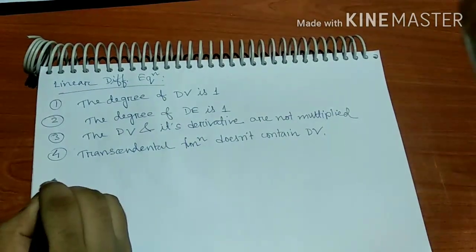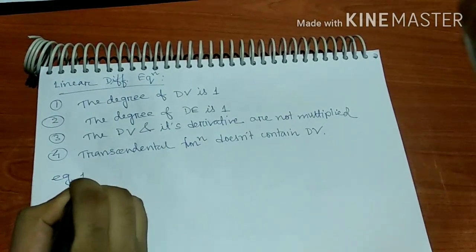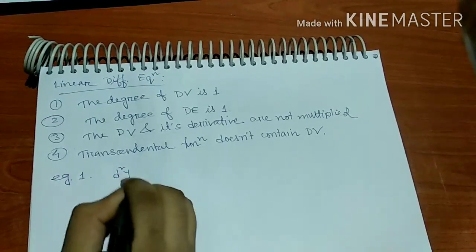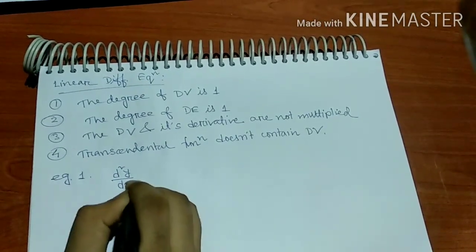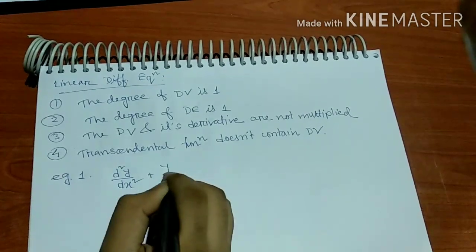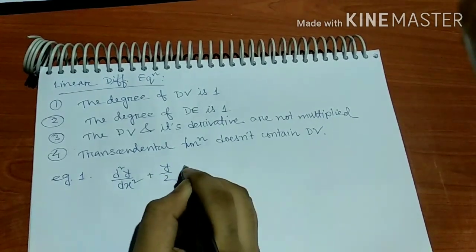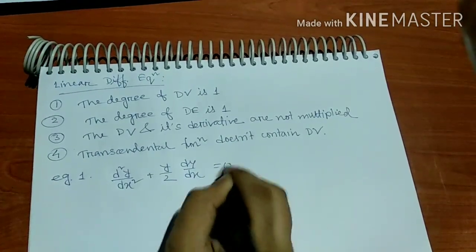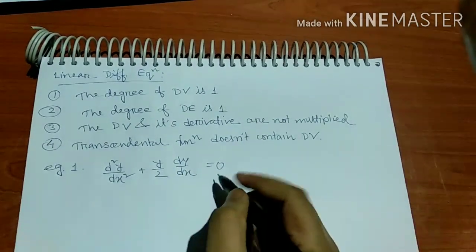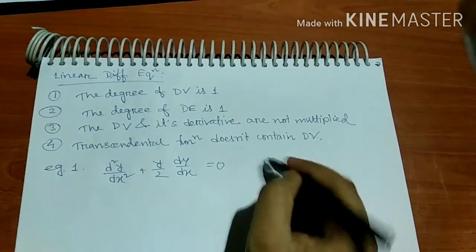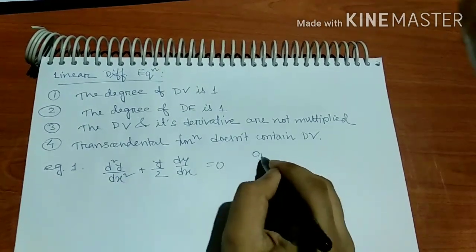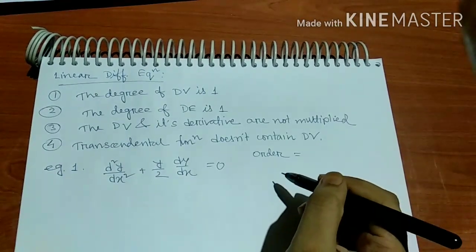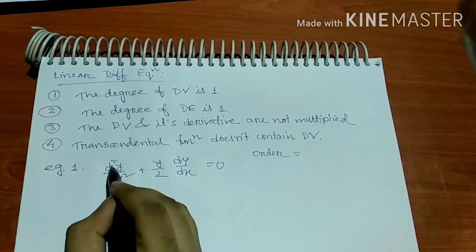So example number 1. Suppose d2y by dx square plus y by 2 dy by dx equal to 0. Here you can see the order of the differential equation will be 2.